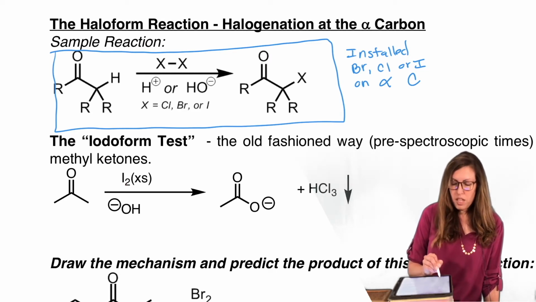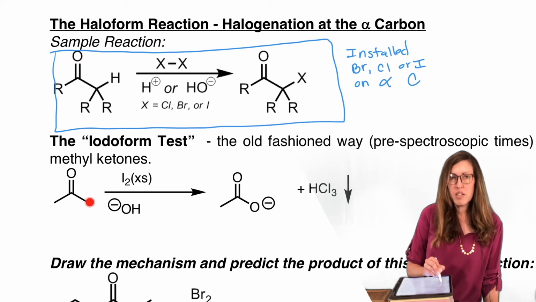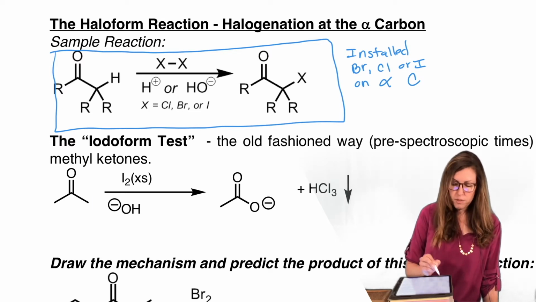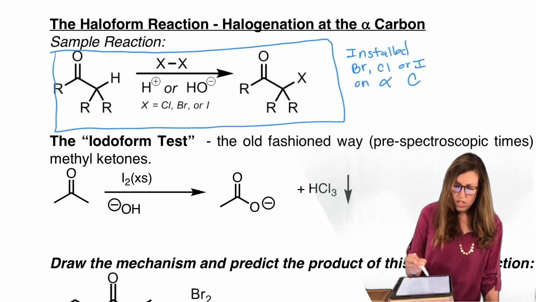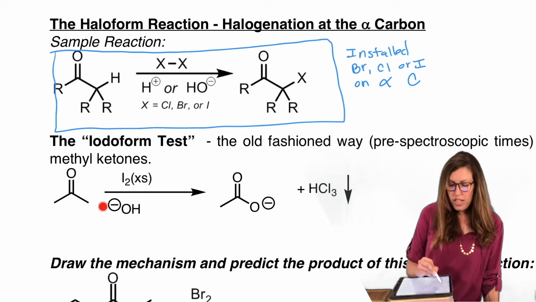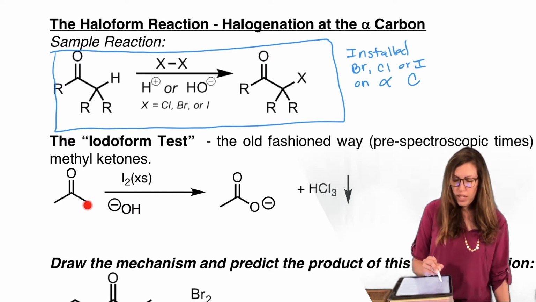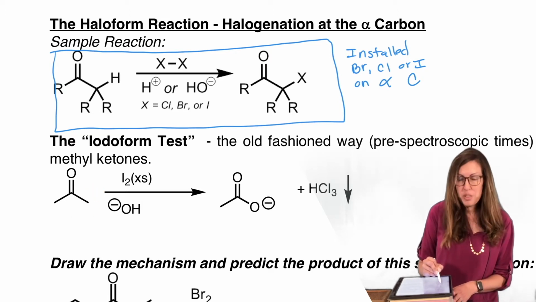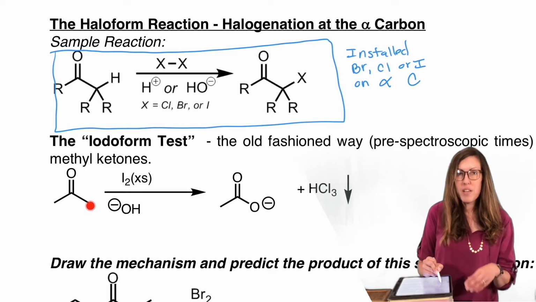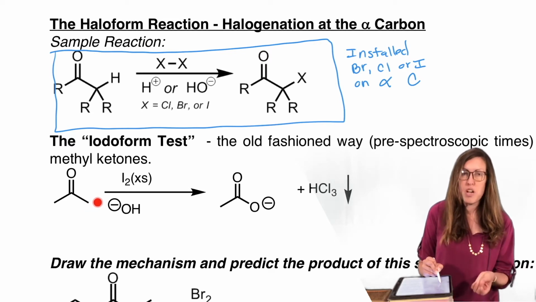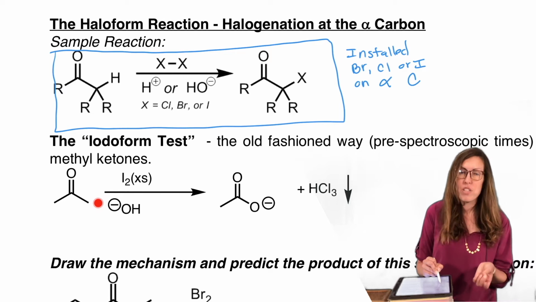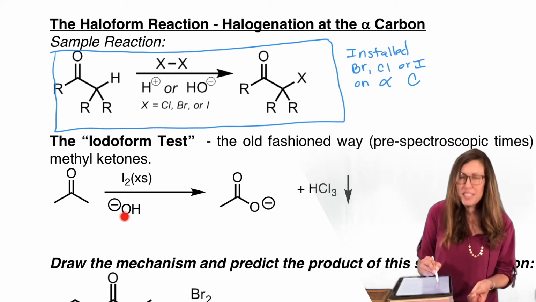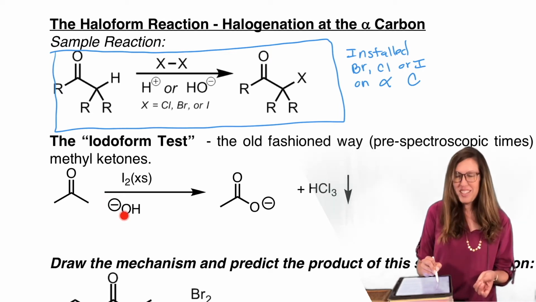It was a way to detect specifically methyl ketones, because if your R groups are methyl and you have basic conditions and you have 3 alpha H's, you can excessively halogenate, and then if you add 3 halogens to a carbon, you now have a CX3, which is a good leaving group. So you could displace it with OH minus.